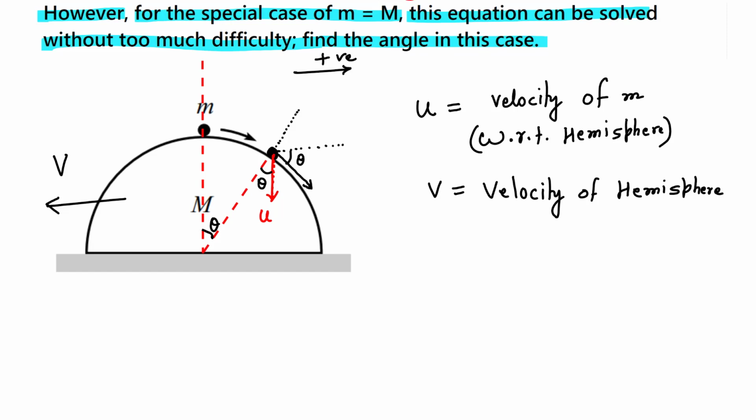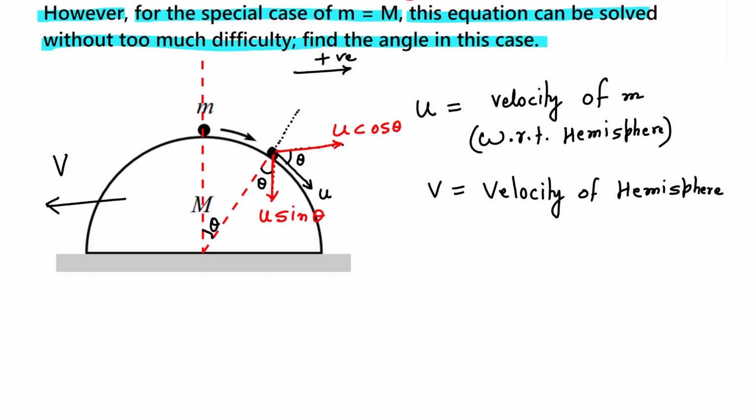So in this direction you will have u cos theta, and in the other direction we will have u sine theta.